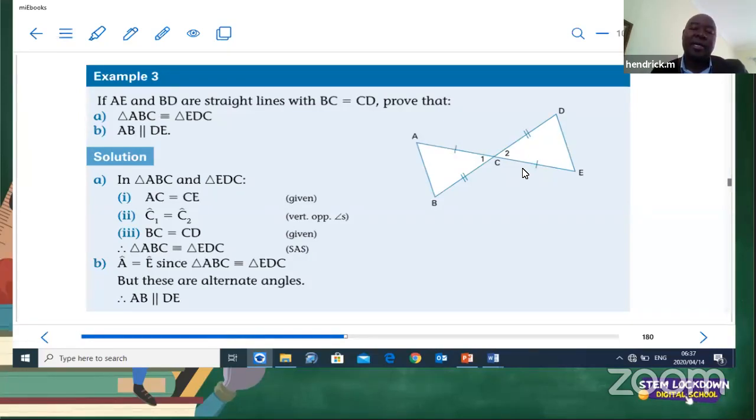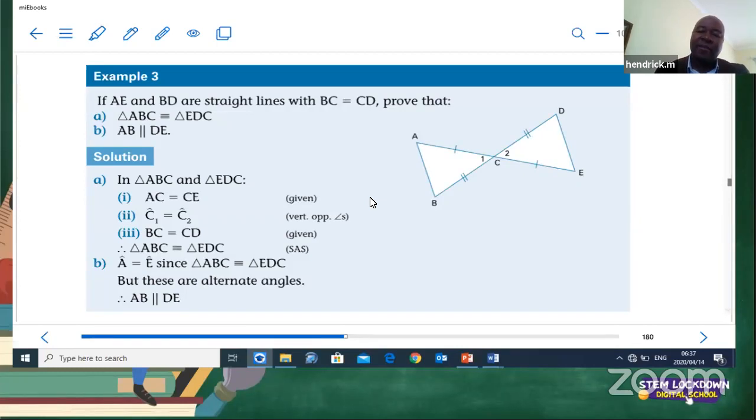But equally, we can look at the two angles are equal. And of course, we are also given that the line BC is equal to the line DC, another side, BC and CD. So those are the two corresponding sides, which are equal. And that information, as I've said, is given.